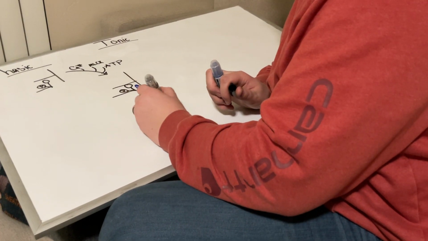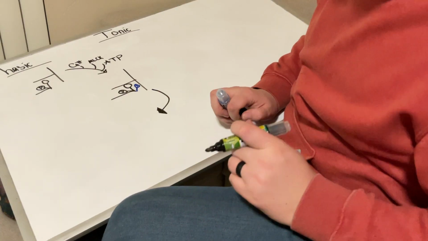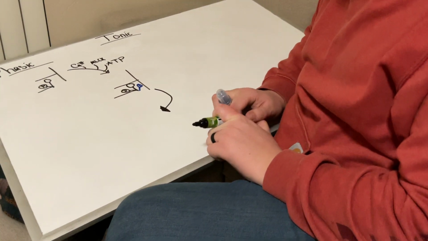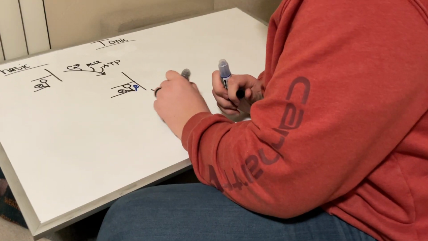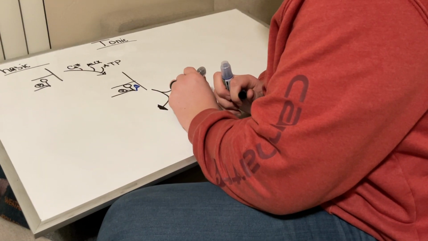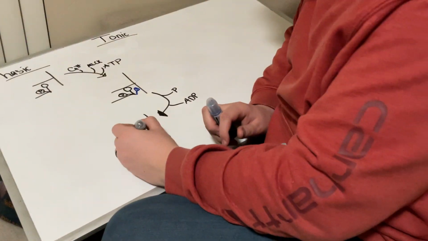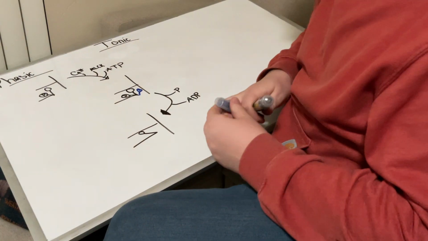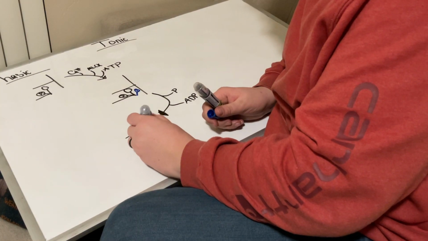Next, we're going to go through our next stage, where we'll lose one of the phosphates and the ADP, just like we were doing in the other version of it. We'll have our power stroke, but the unique thing is that that other phosphate will remain on there. That's important.